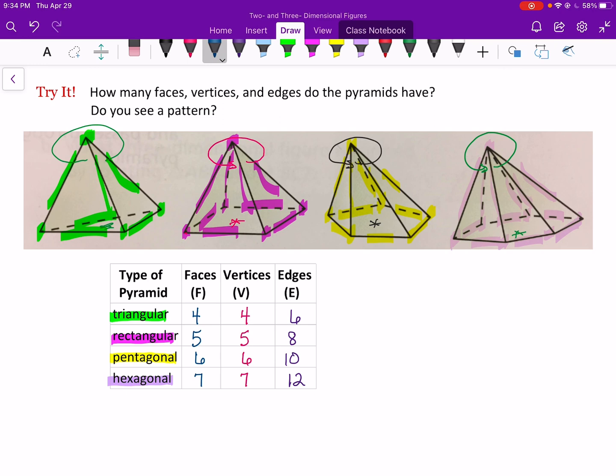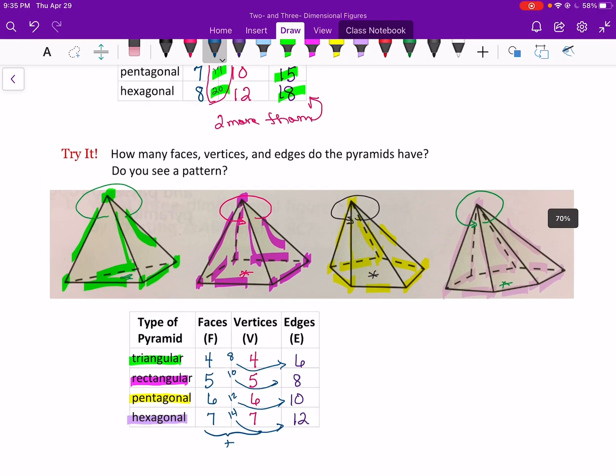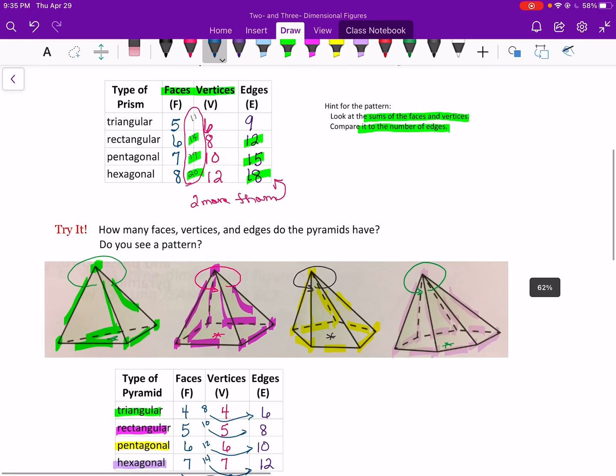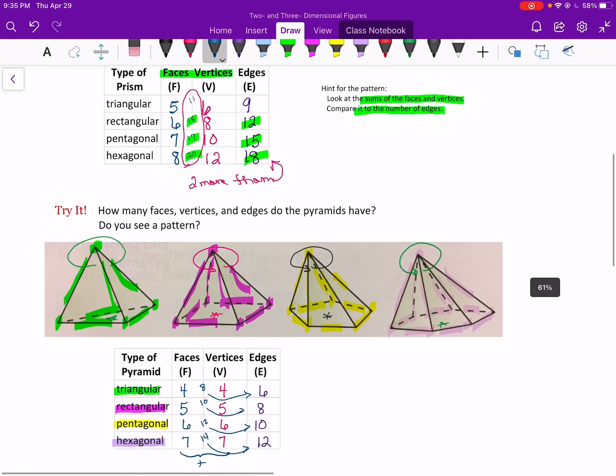Do you see a pattern? If we add the number of faces and vertices and compare it to the number of edges, look back at the other chart that we made. Did you notice a similarity?